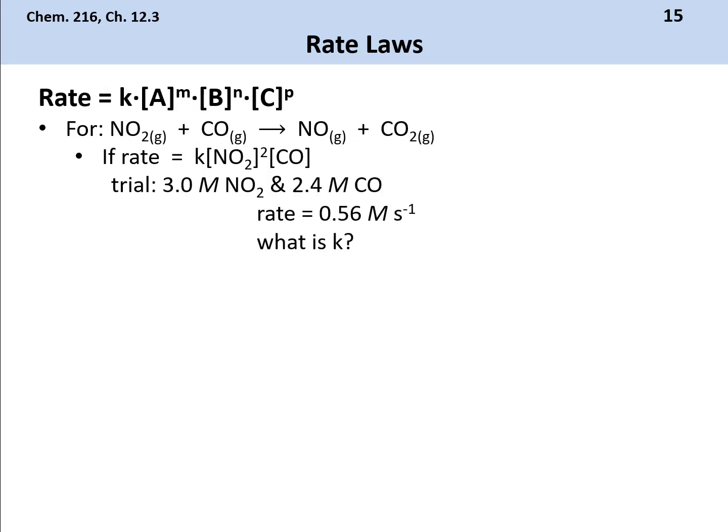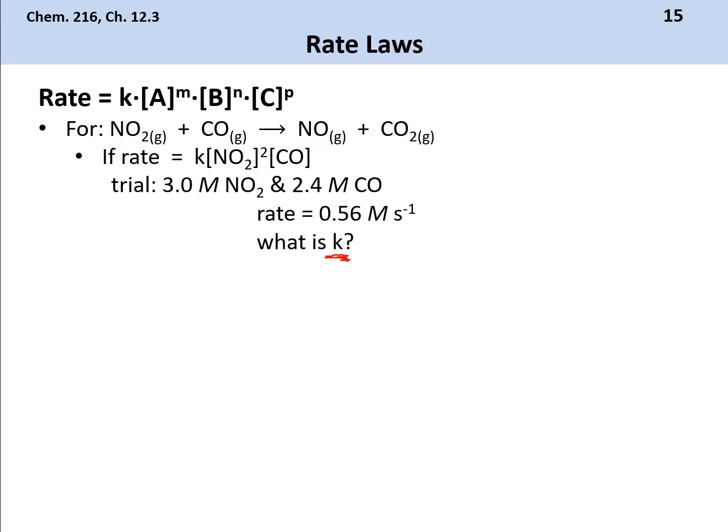But let's go on and talk a little bit about this K value. We said so far that it's just a constant, but it actually has a lot more importance than just being some number that we see on some chart. Let's say we have this rate law: rate equals K times NO2 squared times CO, where those are concentrations.